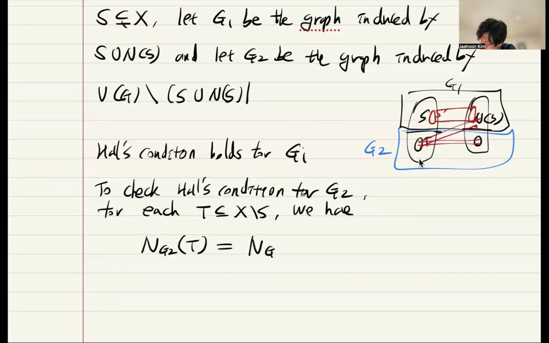You take everything here and take the neighborhood of S union T. Remember that this part only sends edges here, so it doesn't send any edges to the bottom part. There is no such edge. And you subtract the neighborhood of S. These two are the same.